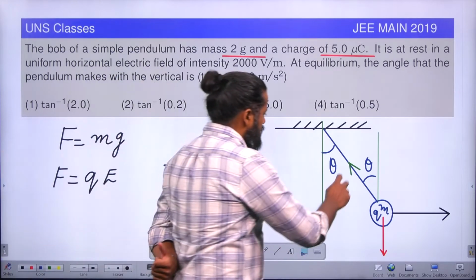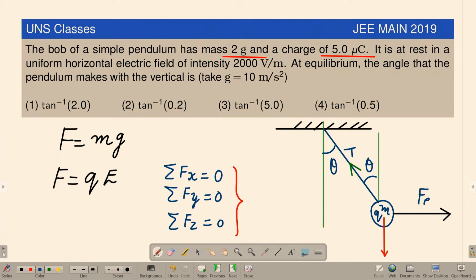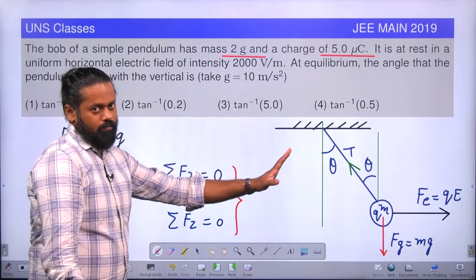Here tension T is acting in this direction, the electrostatic force F equal to QE is acting in this direction, and the gravitational force F equal to mg is acting in the downward direction. The question is, if the system is in equilibrium, how much is the angle?